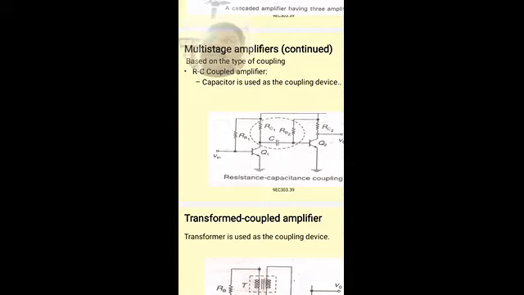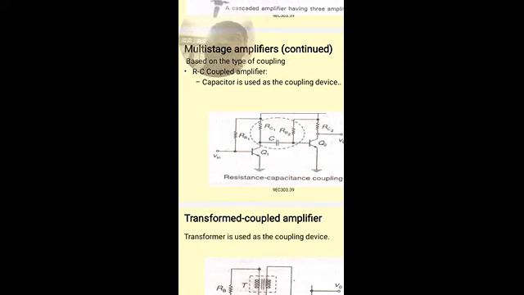So when we want to increase the gain, bandwidth or the frequency response of a single stage amplifier, or the input output resistance of the single stage amplifier, then we are going to use multi-stage amplifiers. So in the multi-stage amplifiers, we are going to use more than one stage, where the output of one stage is connected as input of the next stage.